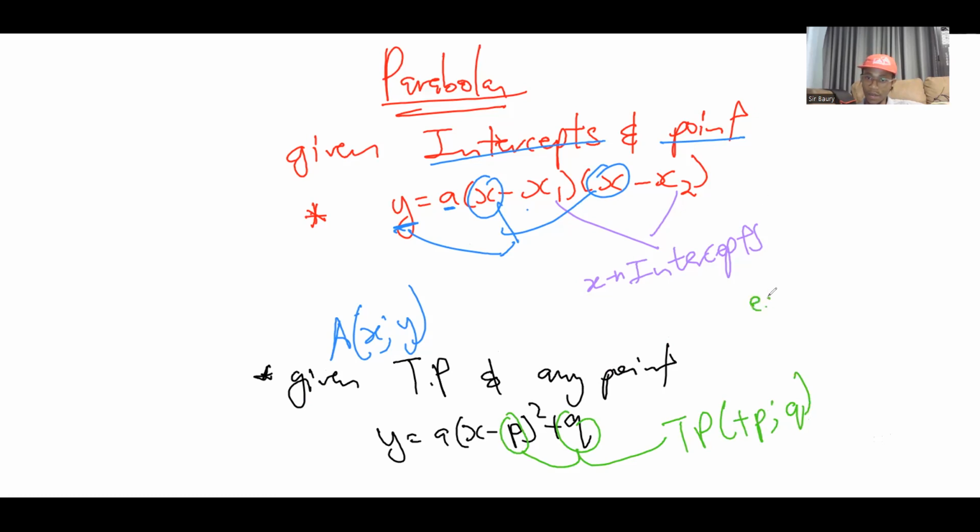For example, if the turning point is 5, negative 3, y is equal to a(x minus 5) all squared minus 3. Always pay careful attention to the signs. Here is positive, there is negative, so it's always different signs with the turning point.